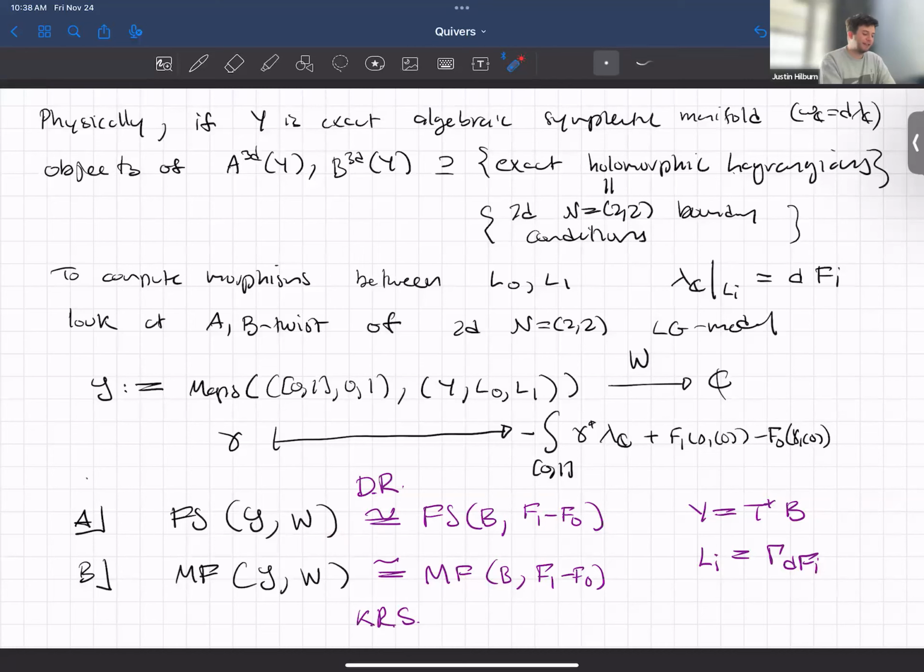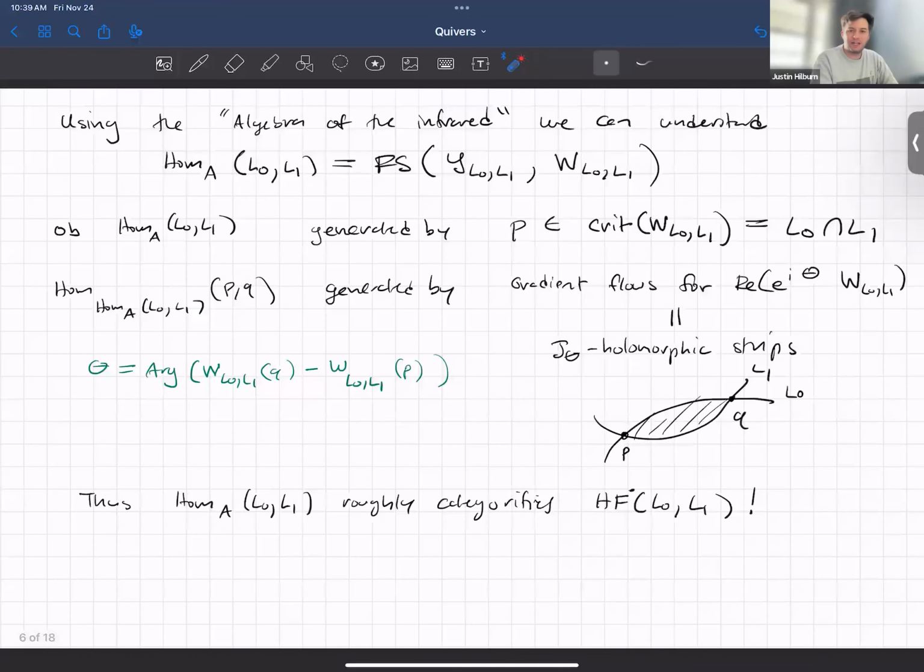Maybe a physicist wouldn't scream at me, but a mathematician would, and say, this thing is infinite dimensional, what are you doing? I just want to mention that there's a particular model for the Fukaya-Seidel category that deals with this infinite dimensionality.